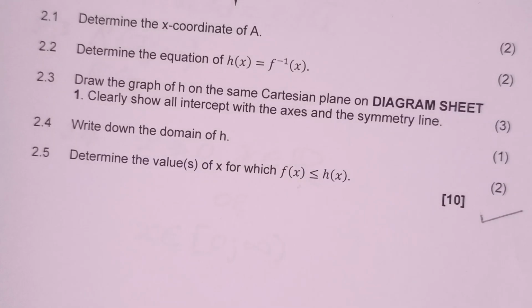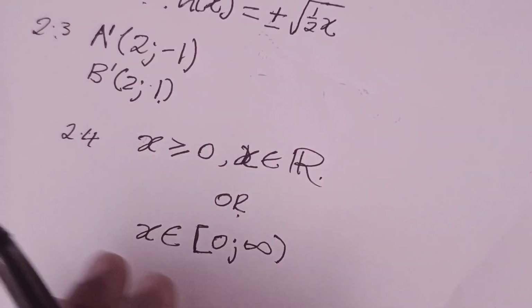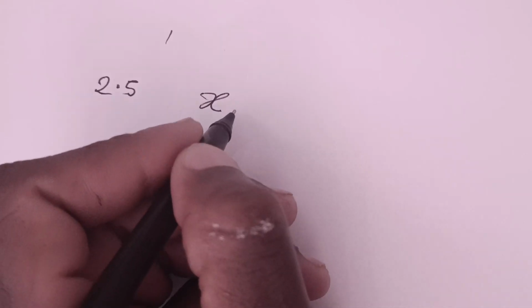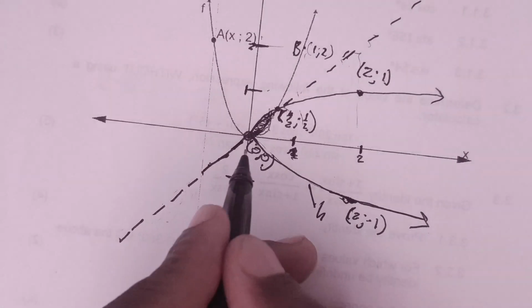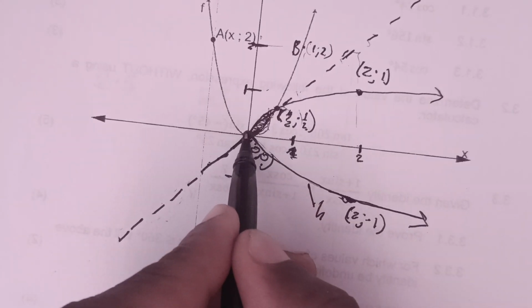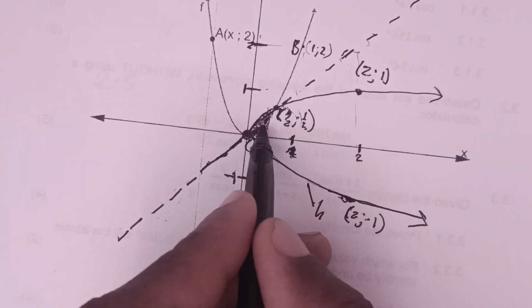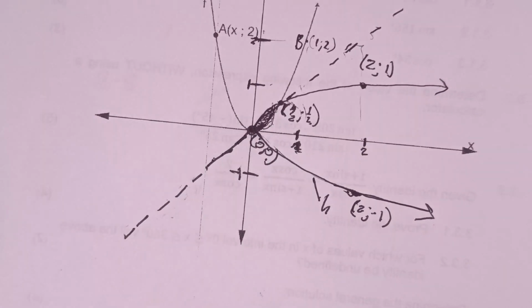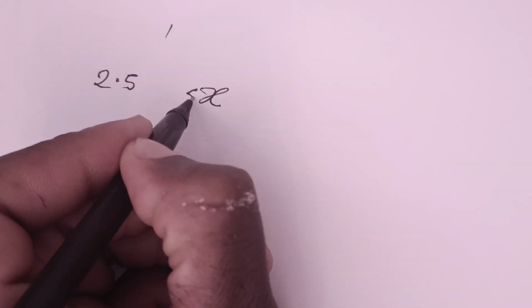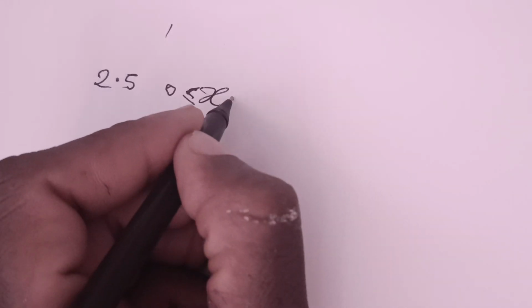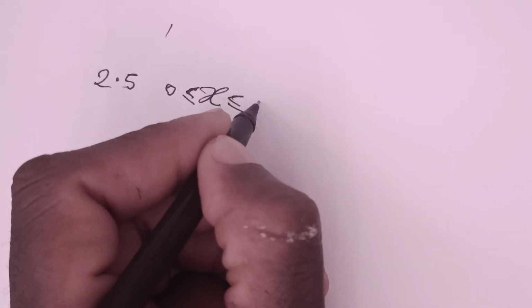For 2.5, the x values would be between 0, because 0 is here, and the x value here is 1 over 2. So the x values are between 0 and 1 over 2.